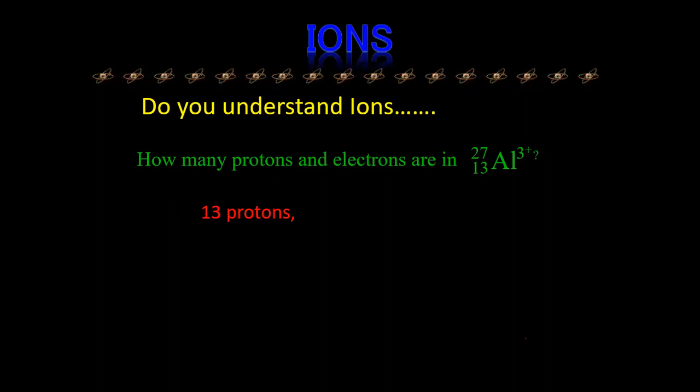The number of protons is equal to the atomic number, so the answer is 13 protons. The aluminum ion has a +3 charge, which means it contains 3 more protons than electrons. So 13 minus 3, you have 10 electrons.